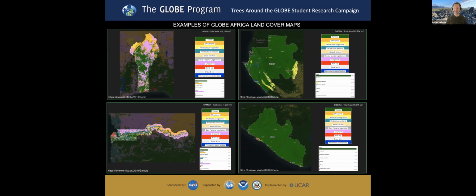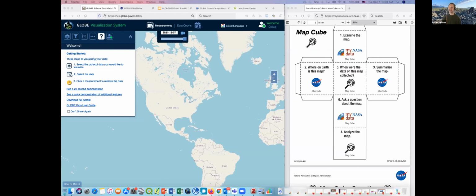So I am going to take control of the desktop at this point. And I want to highlight a really important tool that I encourage everybody to use. And this is the map cube that My NASA Data has put out. And this is really important because the more systematic way we can start looking at our data, the easier it is to actually understand the processes.